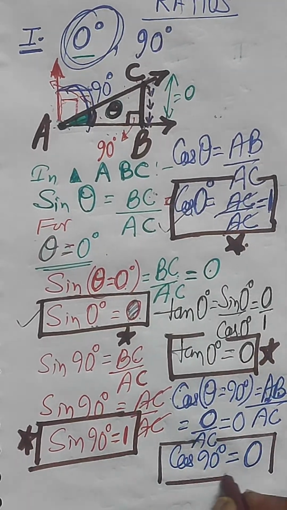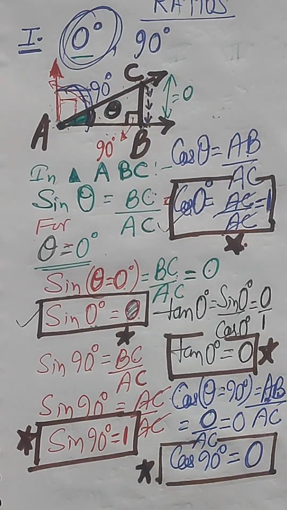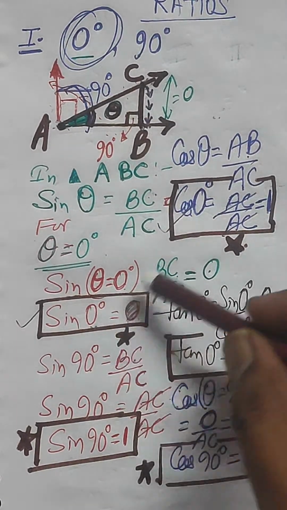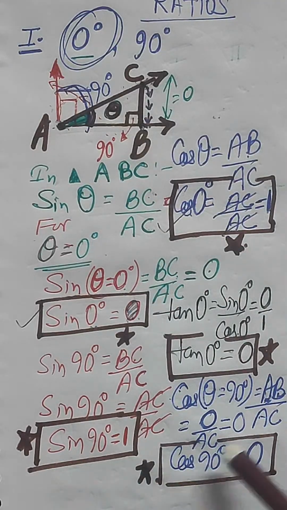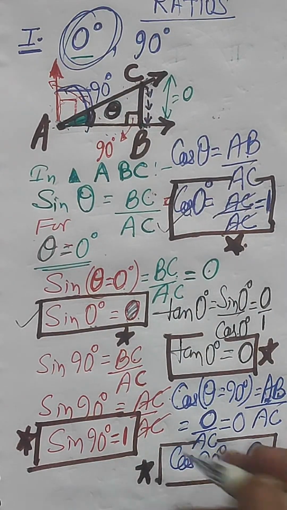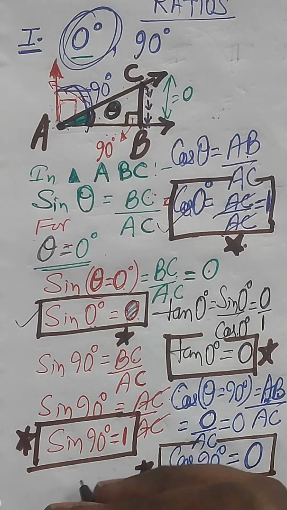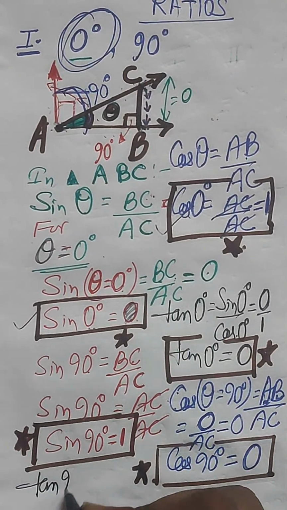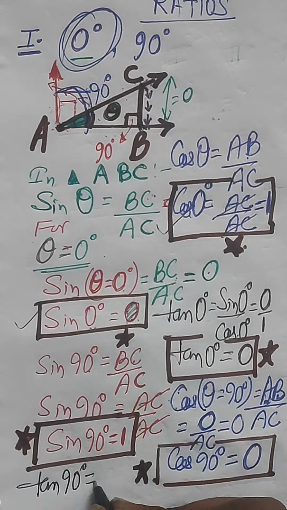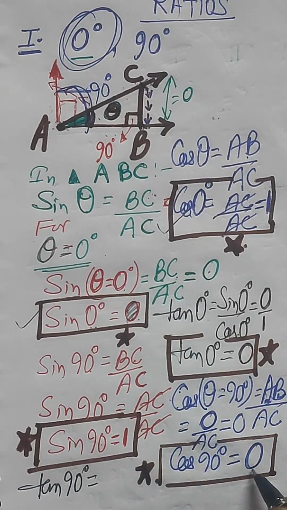So students, we derived the value of sine 0, cos 0, tan 0, sine 90 and cos 90. And if you know the values of sine 90 and cos 90, definitely you can calculate tan 90. So what is tan 90? Tan 90 is sine 90 by cos 90, and sine 90 is 1 and cos 90 is 0.